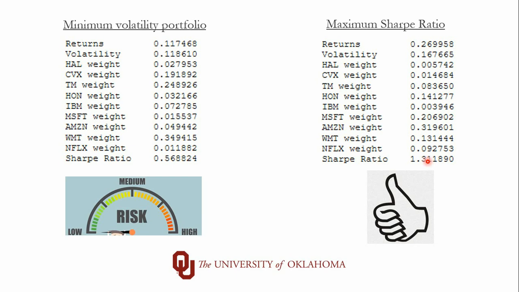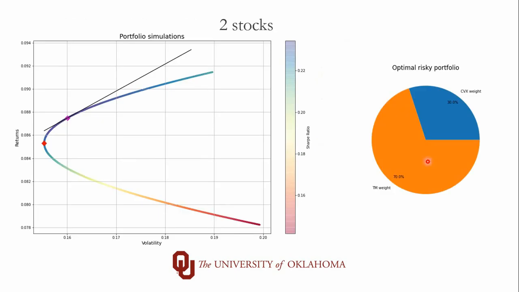We will now test the effects of portfolio diversification with some combinations. For the case of two stocks, let's just consider Chevron and Toyota. Since this is just two stocks, the curve can be easily appreciated.